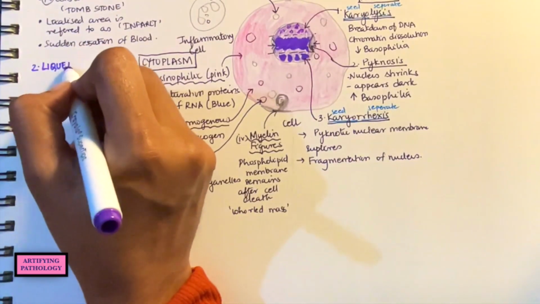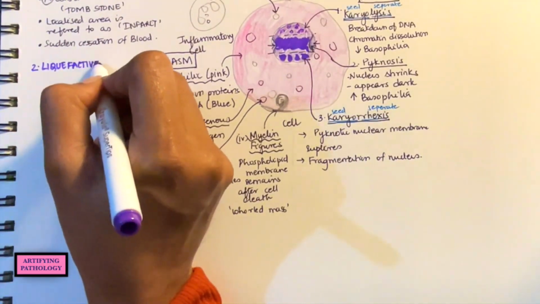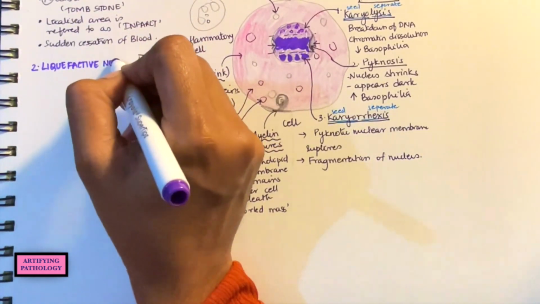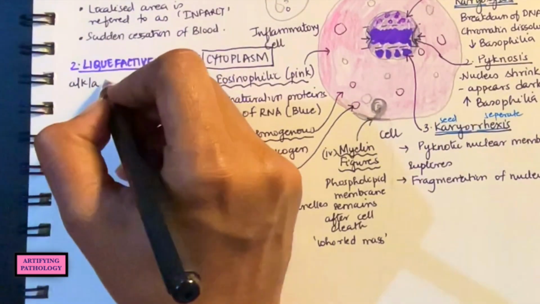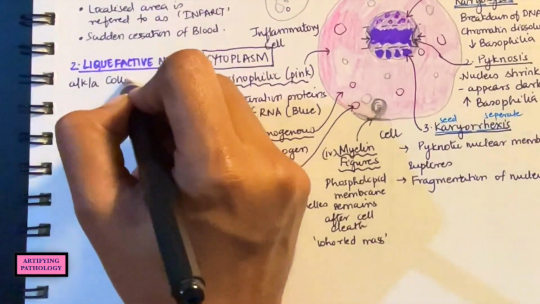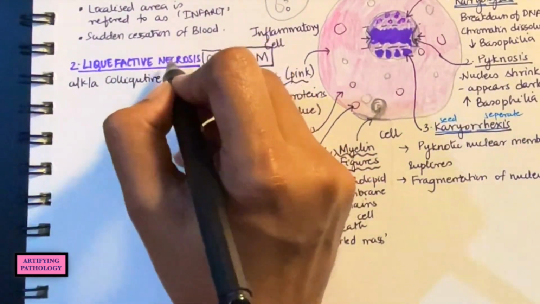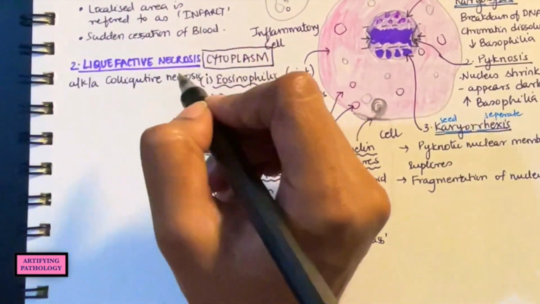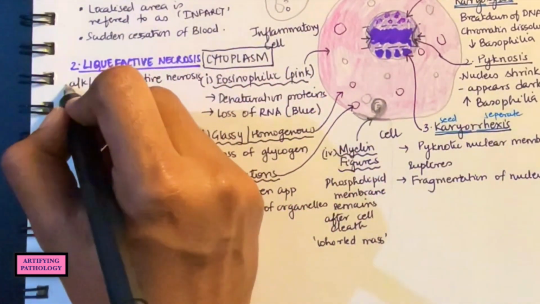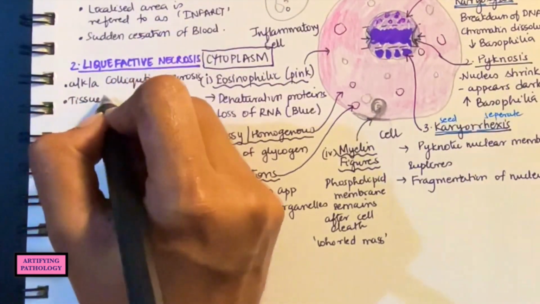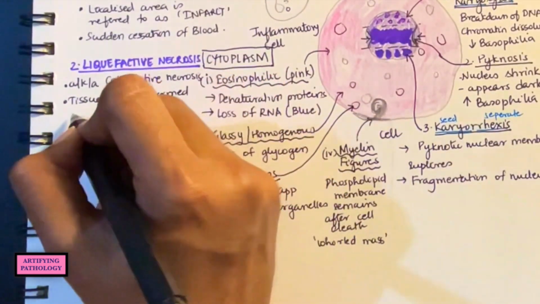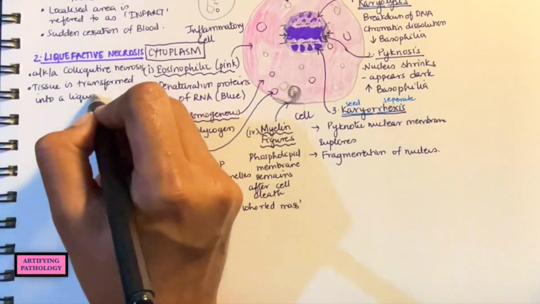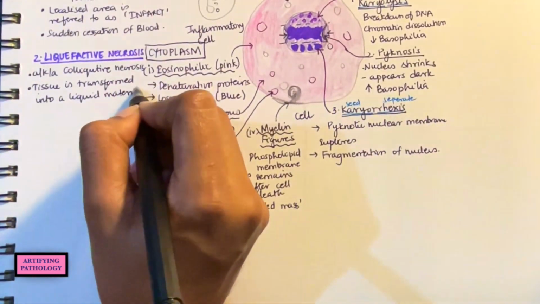Next we have liquefactive necrosis. Liquefactive necrosis is also known as colliquative necrosis. So the other name for liquefactive necrosis is colliquative necrosis. As the name suggests, in liquefactive necrosis, the tissue is transformed into a liquid-like material.